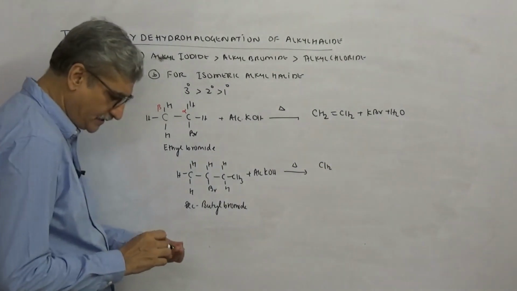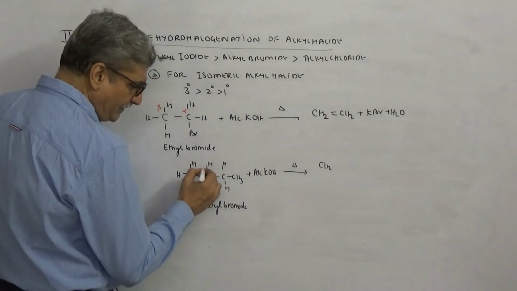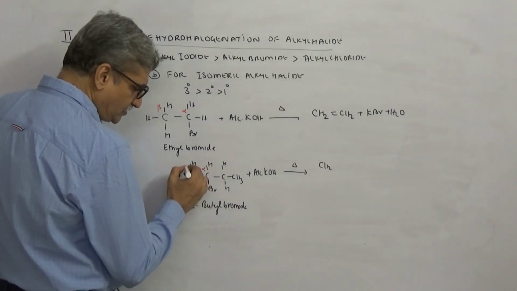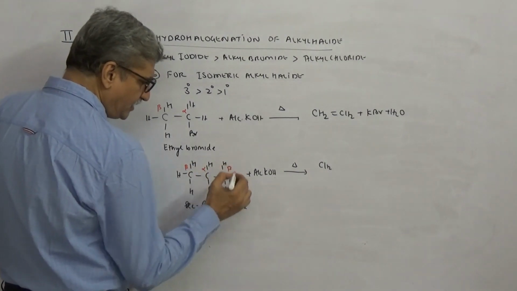Here again you can see the carbon containing the halogen is alpha. So this is a beta hydrogen and this is also a beta hydrogen.